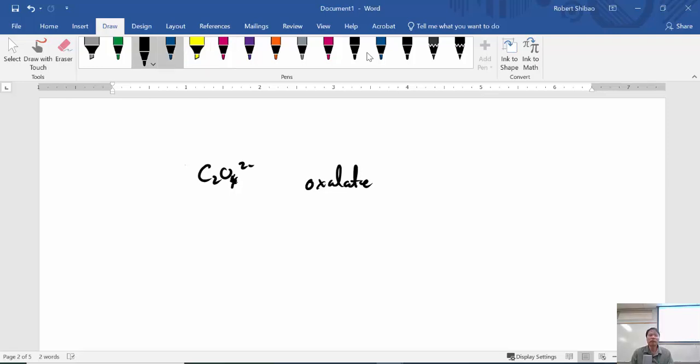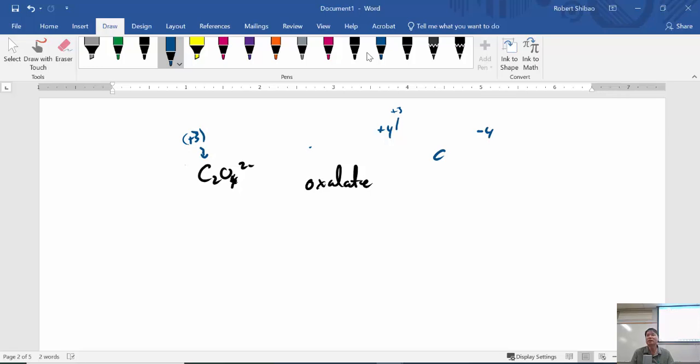When we look at the redox, we care about the oxidation state. What's the oxidation state on carbon here? +3? Yeah. Which means when we look at carbon, carbon's oxidation state ranges from -4 to +4. So at +3, we're almost at the end here.